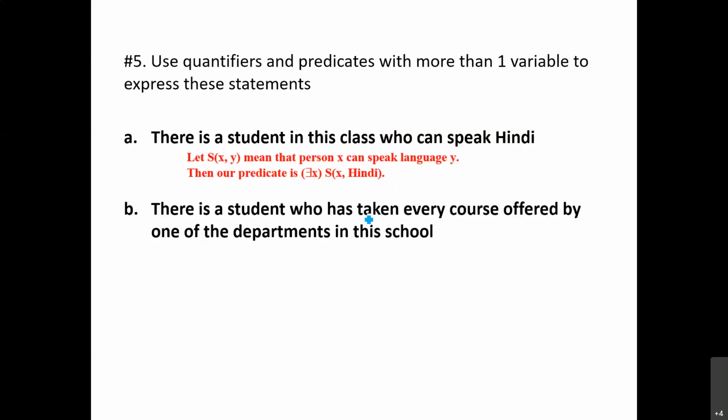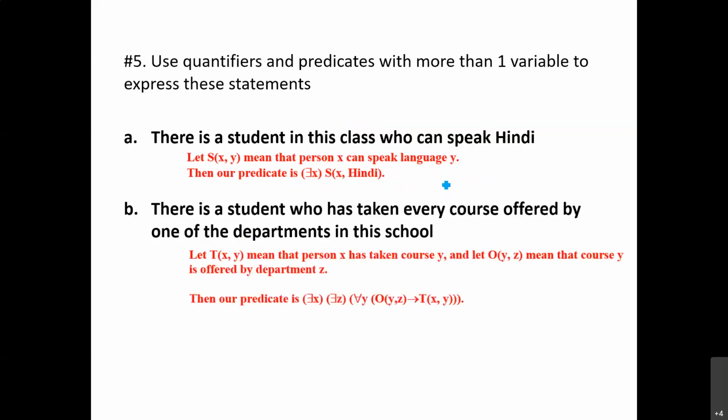There is a student who has taken every course offered by one of the departments in the school. T of x,y means that person x has taken course y, and O of y,z means course y is offered by department z.